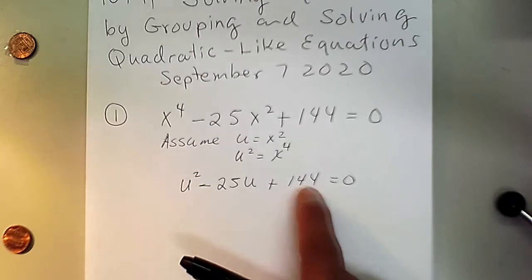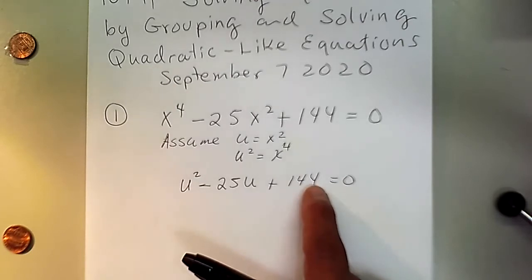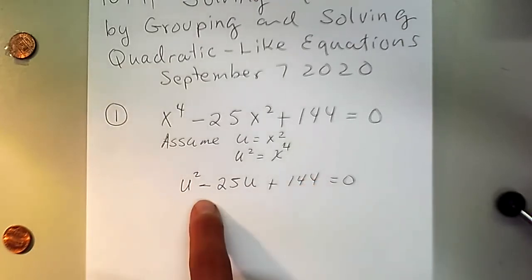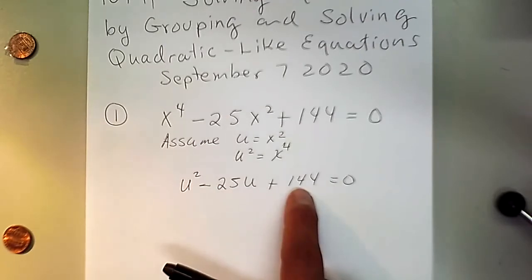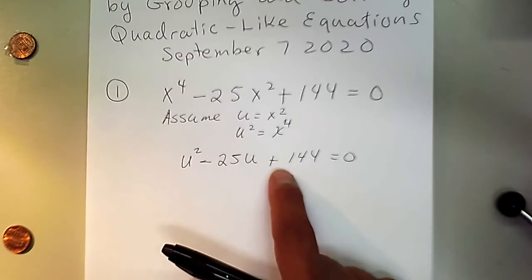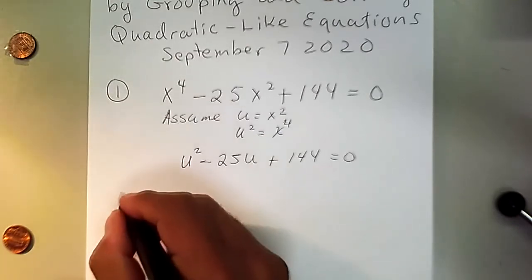There are many numbers that multiply to 144. There is 72 and 2, and then there is 4 and another number, and 3. So factoring is going to be a little bit lengthy. I guess we can use the quadratic formula.